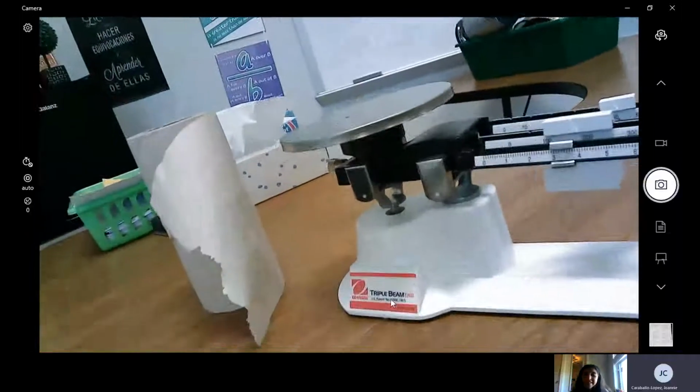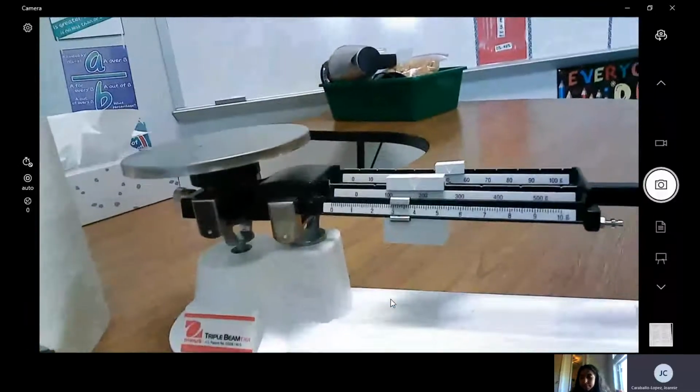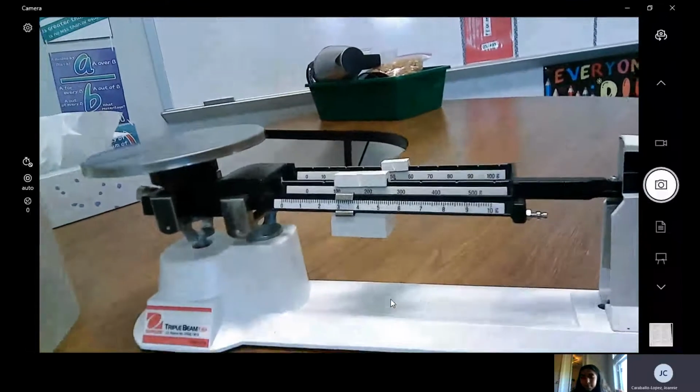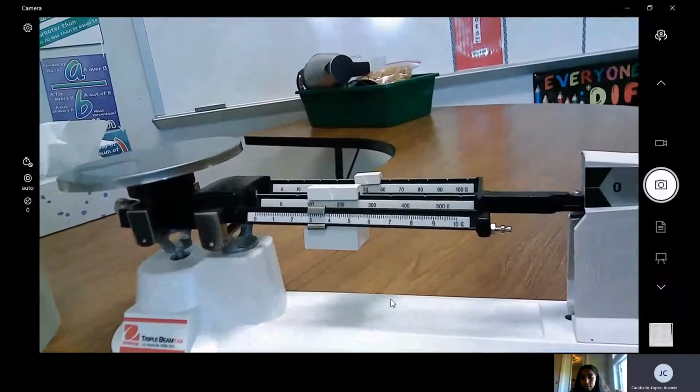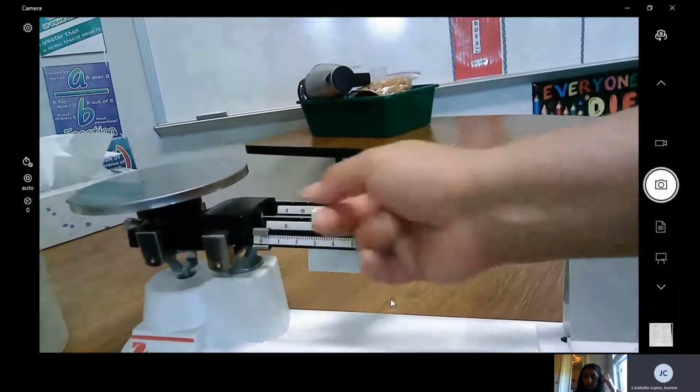Exactly. All right, cool. So you have here the triple beam balance, and it is not zeroed out. What do I have to do in order for it to be zeroed out, guys? Organize it all until it goes to zero. Yes. So I have to move them all to zero.